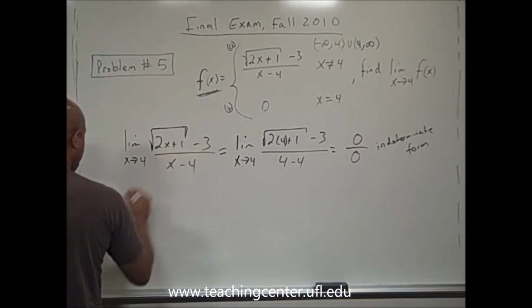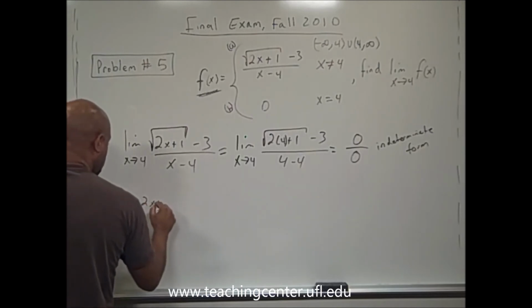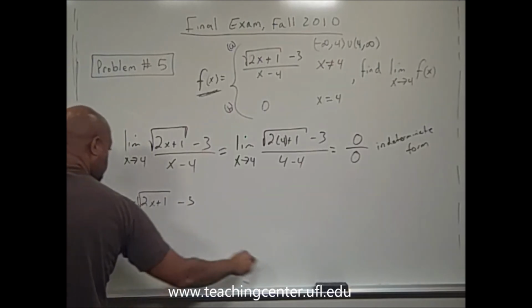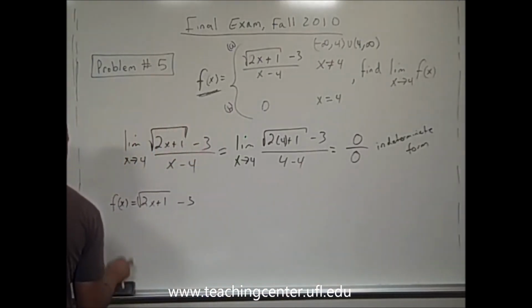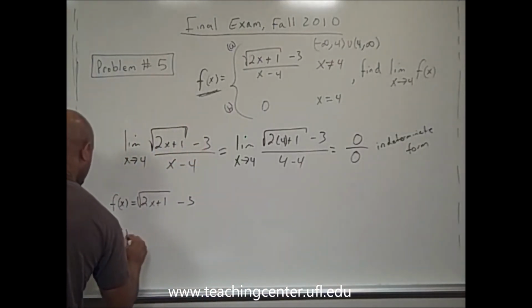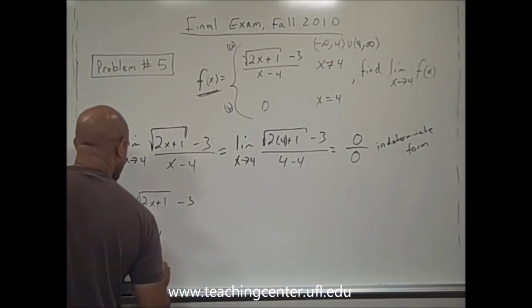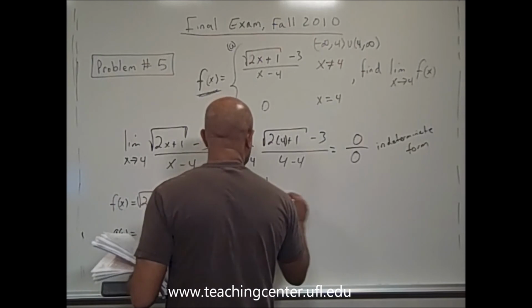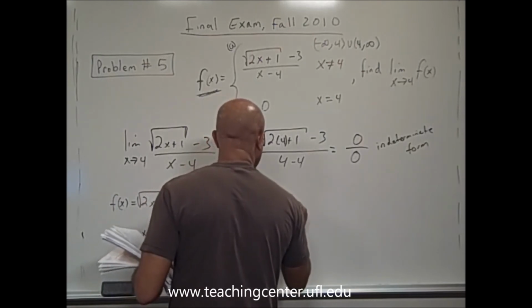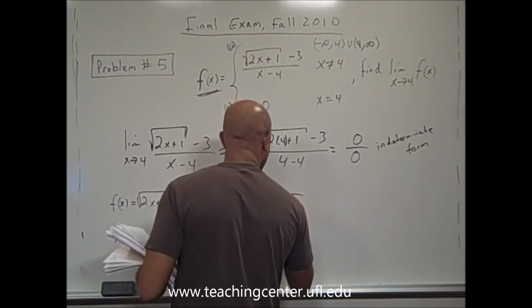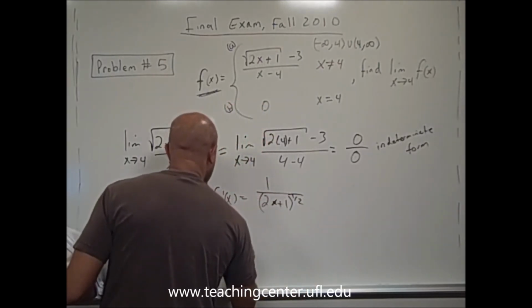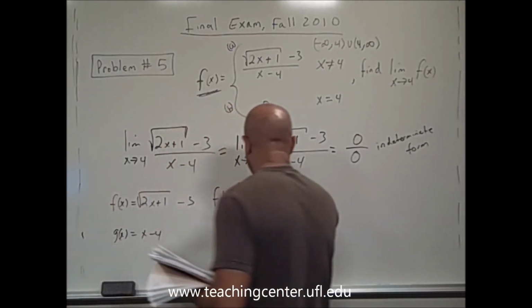And again, you could take the derivative. So if I define f of x is equal to the square root of 2x plus 1, minus 3, and g of x is equal to x minus 4, then the derivative of f is just going to be 1 over the square root of 2x plus 1, and the derivative of g is just going to be 1.